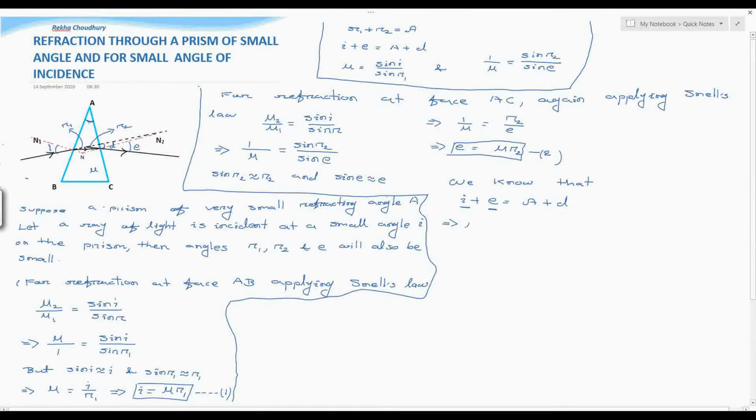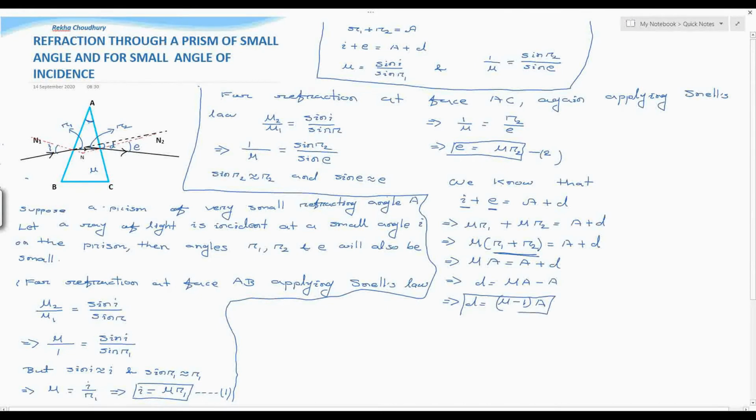From equation 1 we know that I is equal to mu R1, and from equation 2 we know that E is equal to mu R2, so mu R1 plus mu R2 is equal to A plus D. This implies mu times R1 plus R2 is equal to A plus D. Again we know that R1 plus R2 is equal to A. So mu A is equal to A plus D. This implies D is equal to mu A minus A, or D is equal to mu minus 1 times A.